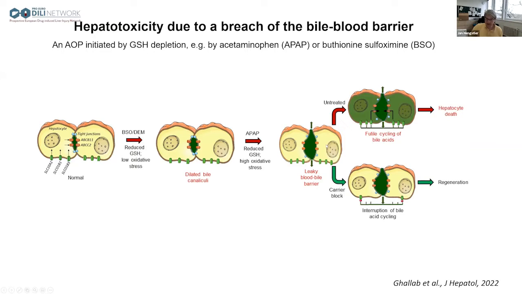Then the highly concentrated bile from the canaliculus leaks out in the Disse space, but a high fraction of it is taken up again into the cytoplasm of the hepatocytes, is secreted again to the canaliculus, leaks again. And this causes some futile cycling, which leads to higher concentrations of bile acids in the hepatocytes.